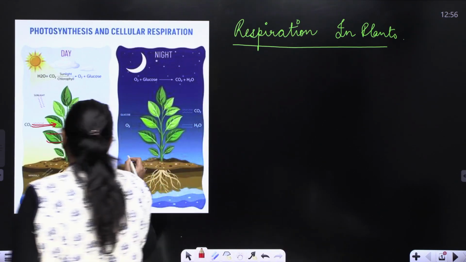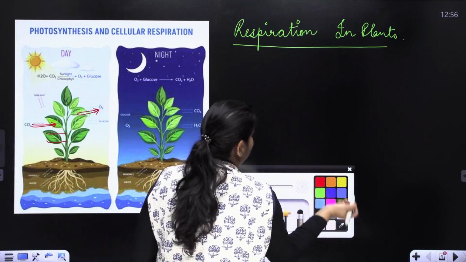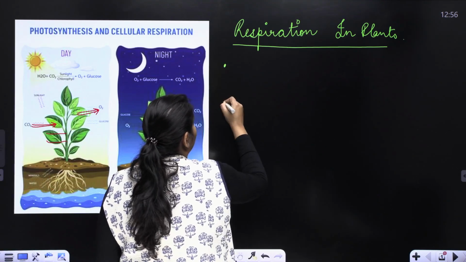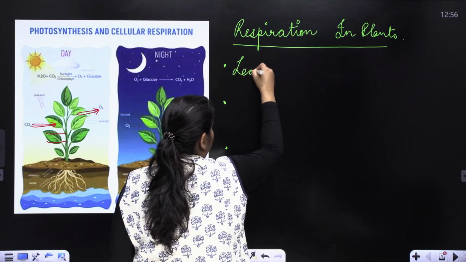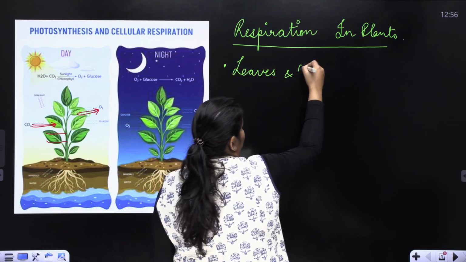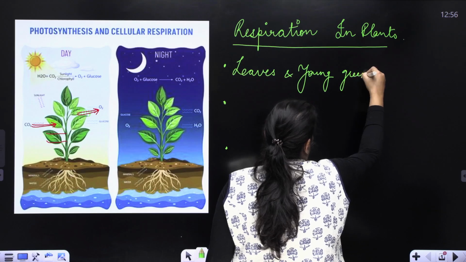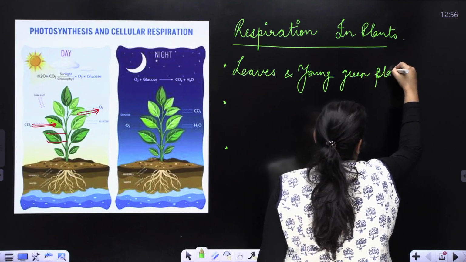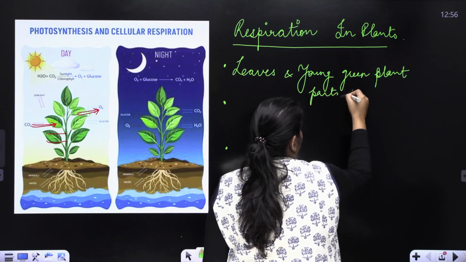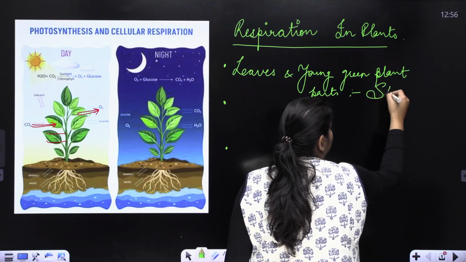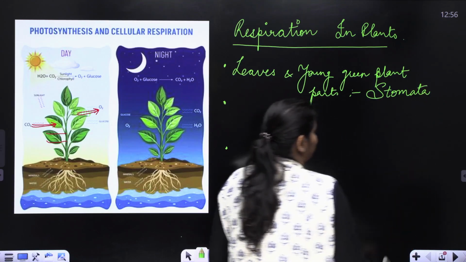So, my dear children, respiration in plants can happen in the leaves and young green plants. This respiration, or gaseous exchange, takes place through stomata.